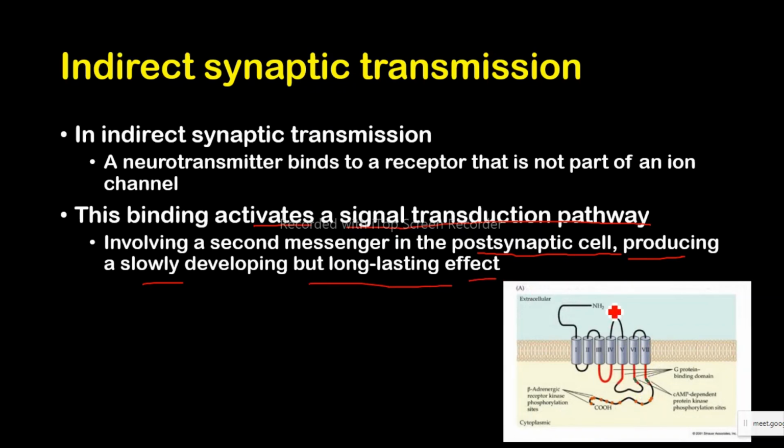So you have a receptor, and this is the extracellular matrix, and this is the intracellular matrix. So you have a receptor where your neurotransmitter substance is going to bind.